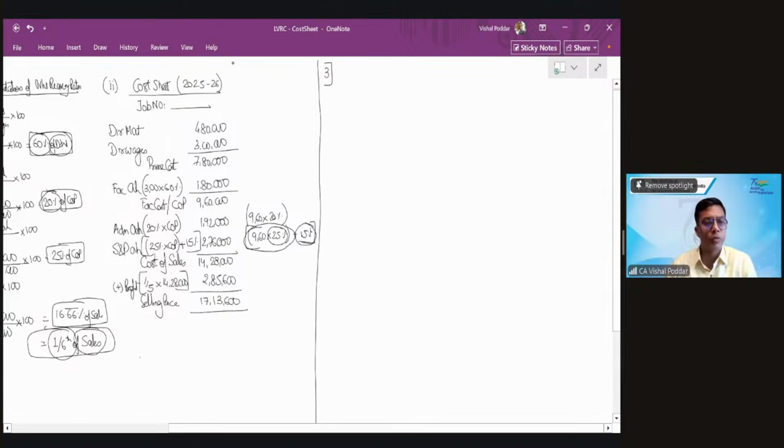so what we should do first, students, is compute the charging rate. So how do you charge overheads?